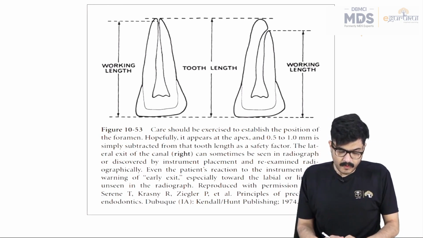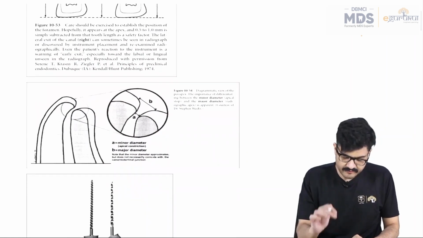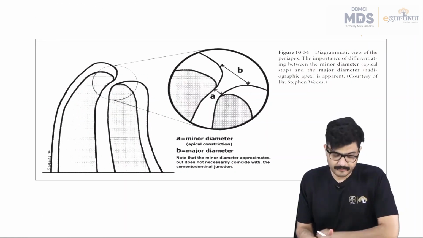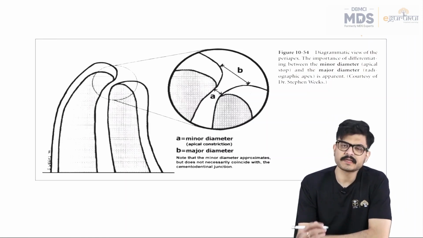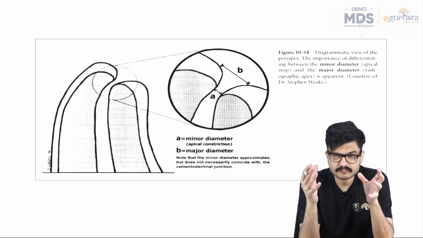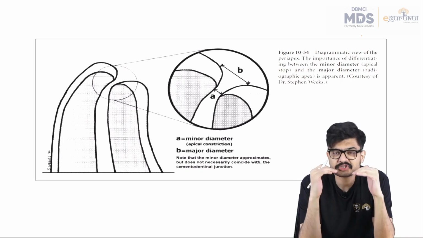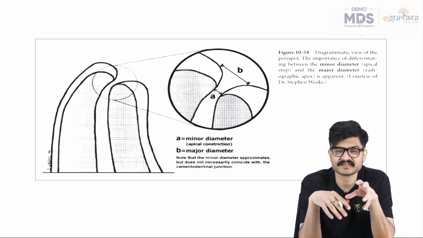right? Then the other situation that we have been discussing is this one, right? That is the apical constriction, which is the narrowest cross-sectional diameter at which our working length should be established. This is known as the apical seat or the apical matrix, right?